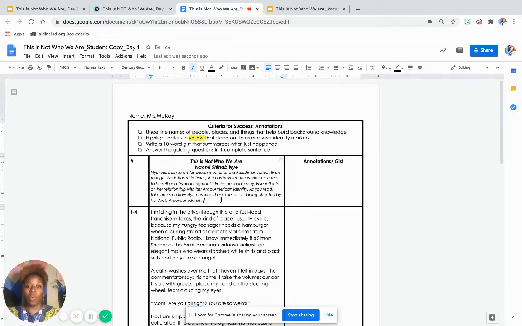Okay? So, what I want to do, even though it seems like this is the instructions on what to do, and it is, but we can highlight or underline, let's highlight those things that stand out to us or reveal identity markers. Okay, so what are we going to do in this personal essay?